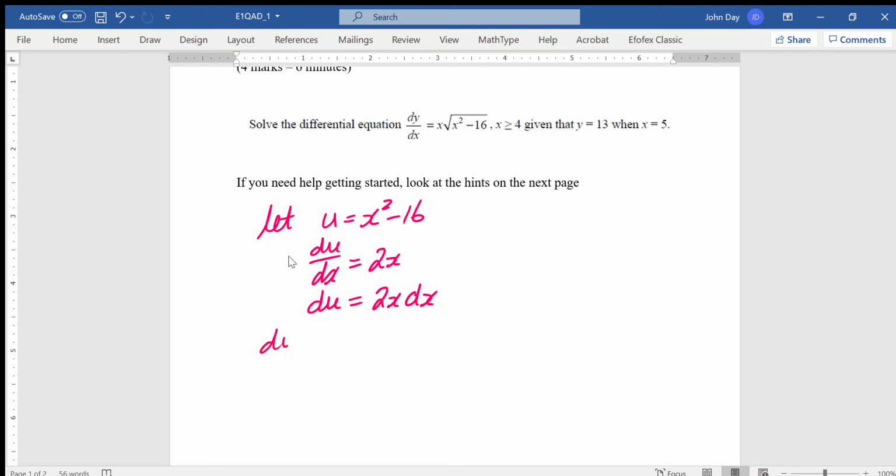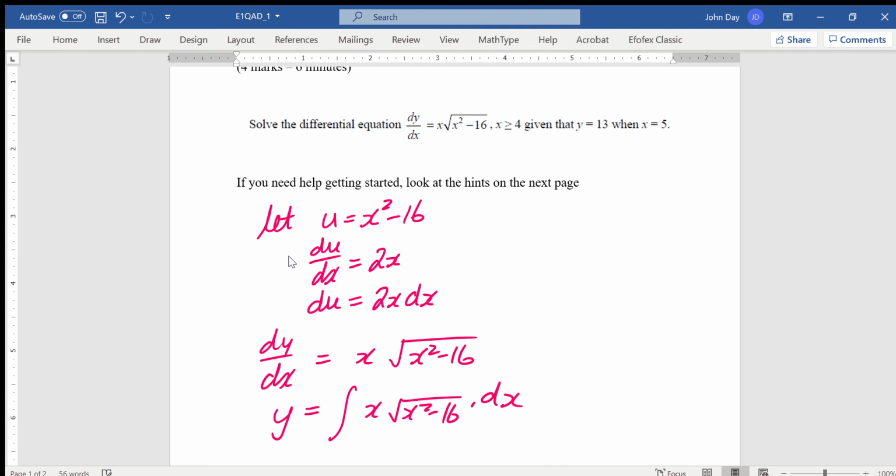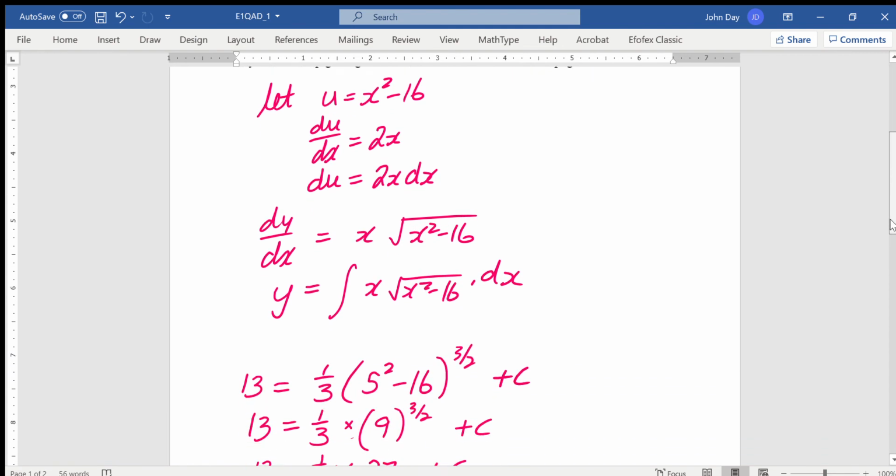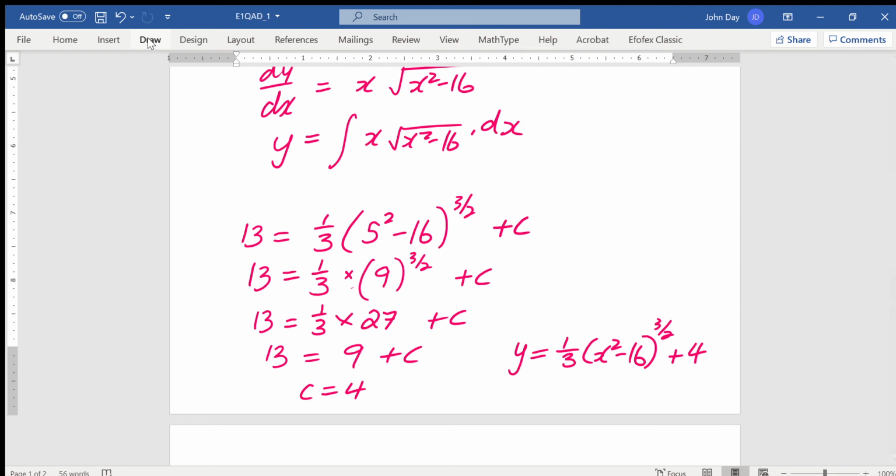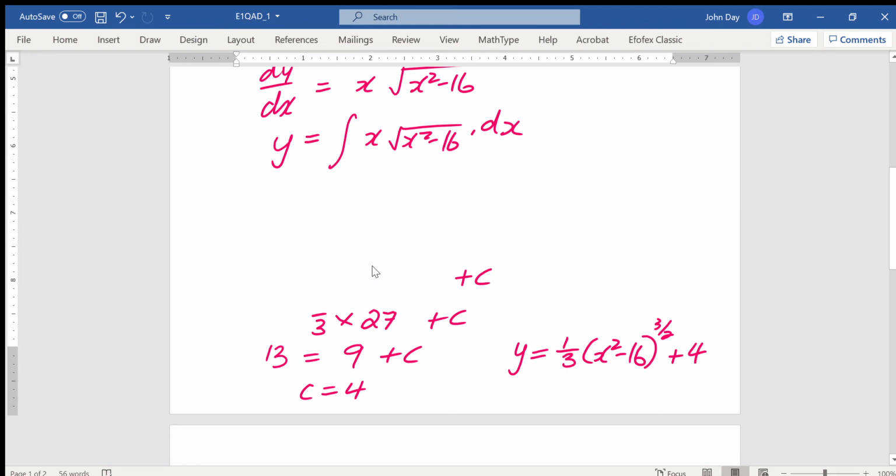I have dy/dx equal to x root of x squared minus 16. Now I want to find y, which is the integral of x root (x squared minus 16) dx. So let's scroll down and get more room. Sorry about that. Now I'm going to do my substitution.